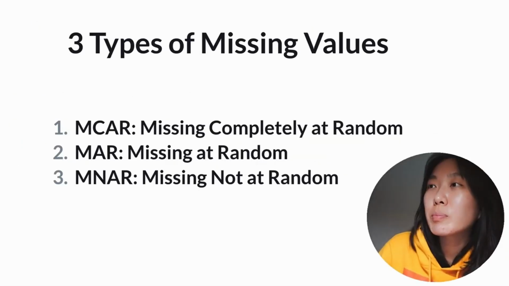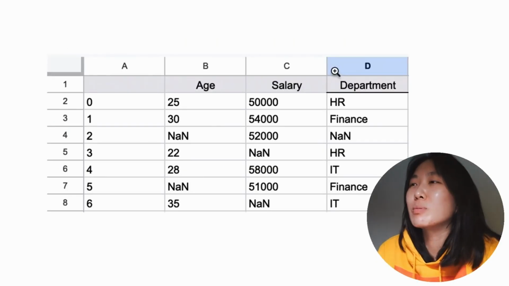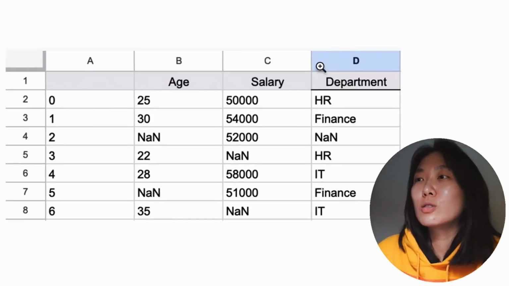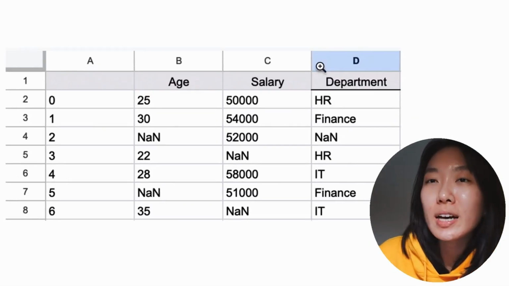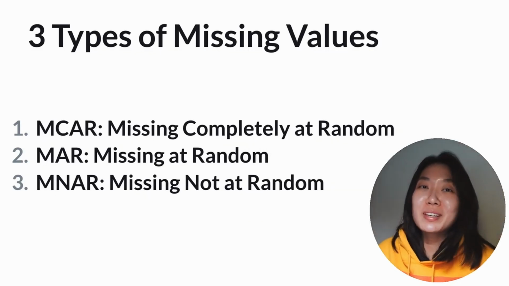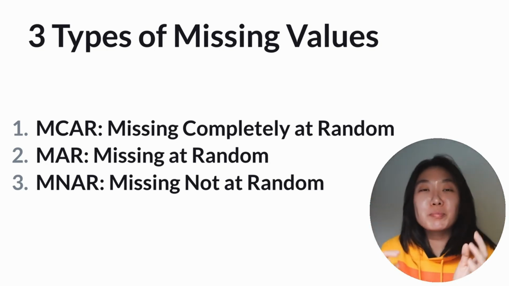There are three types of missing values. I have to keep jumping around because I don't really know what the next slide is about. Apologies for that. There are three types of missing values.